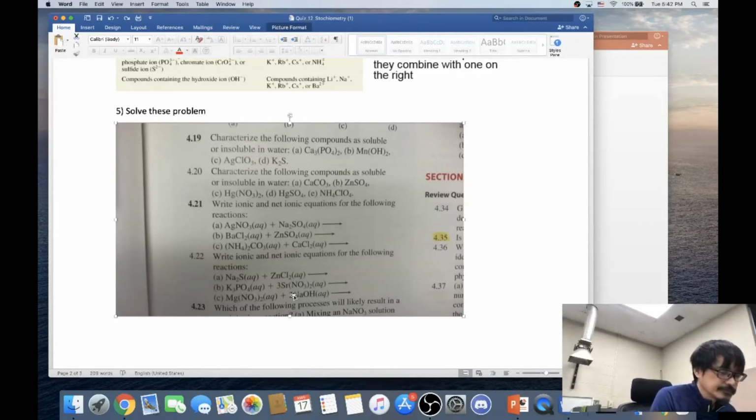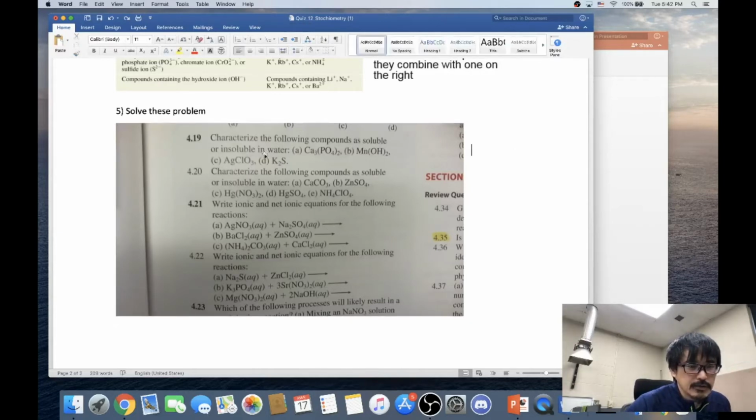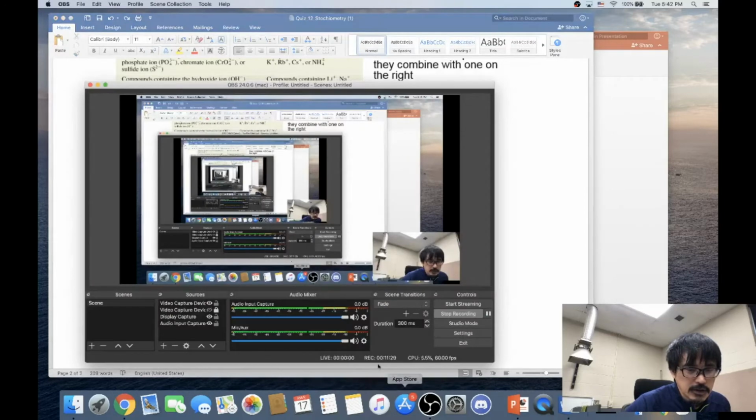K3PO4 (aq) plus 3 Sr(NO3)2 to form what? That's the question, right? So let's go back to the screen.